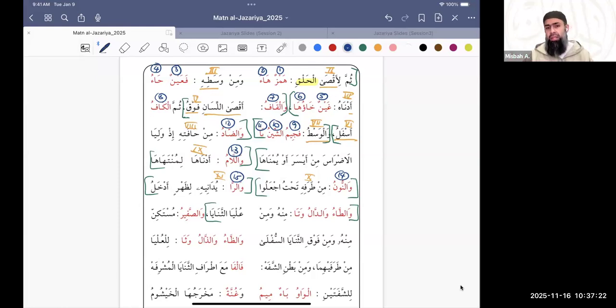وَمِنْ عُلْيَ الثَّنَايَا, and from the upper central incisors. That image should be in your mind. We discussed it, the teeth structure. We're looking at the upper central incisors, and he says, minhu wa min, from the upper central incisors. But he left it at that. He didn't specify from where of the upper central incisors. Is it from them themselves?